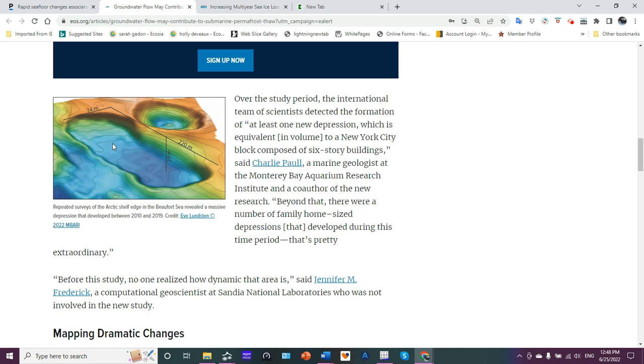But the point here is that the oceanic water flowing in is too cold to directly be thawing out the permafrost.